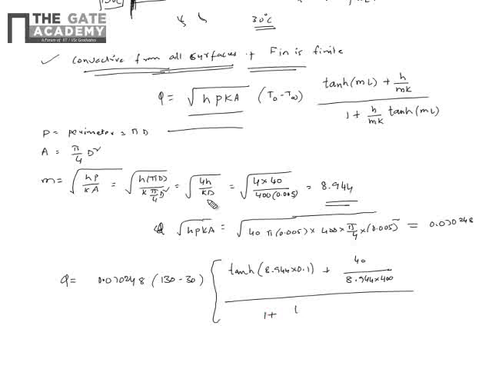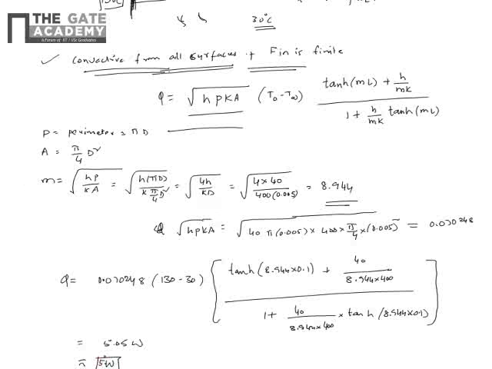So this is 1 plus 40 by 8.944 into 400 into again the same thing, tanh of 8.944 into 0.1. So this is a gigantic substitution. When you substitute everything, you'll get that it's close to 5.05 watts. So the closest answer is 5 watts.